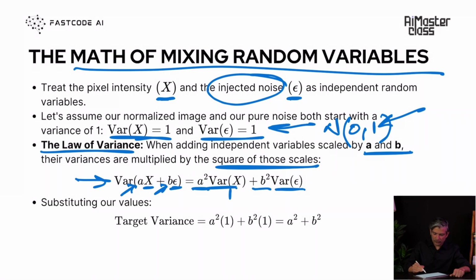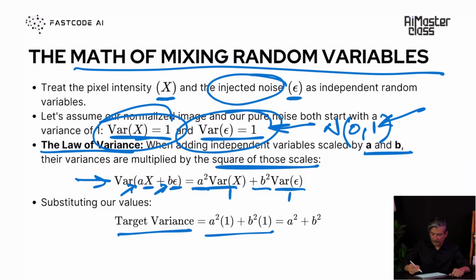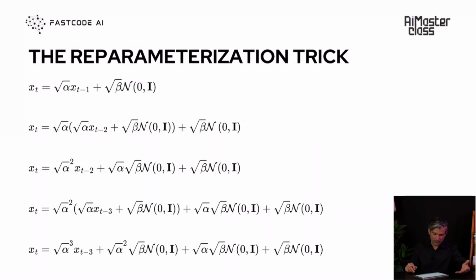Variance of x is 1 and variance of epsilon is also 1, because that is what we started with. So the variance of ax plus b epsilon will be a squared plus b squared. And this is our target: a squared plus b squared should equal 1, because we don't want the variance to change.